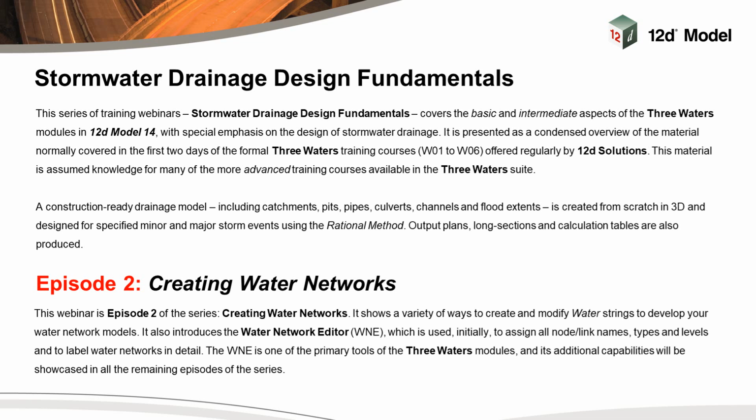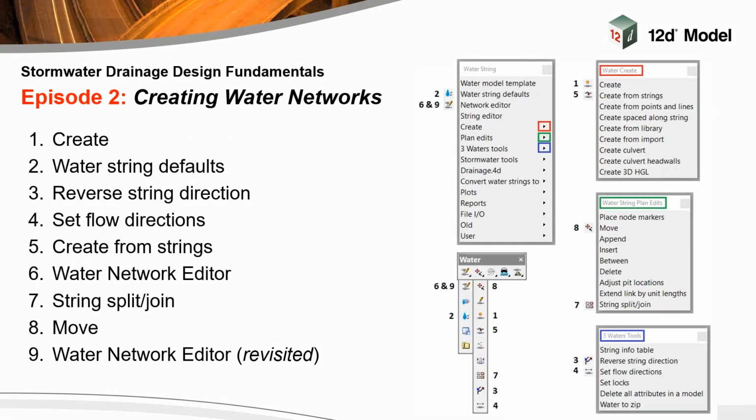But yes, today we're talking about creating water networks, and following on from episode 1 where we set up our project, we're going to just show some of the tools that we have available in the menu and on the toolbar. Not all of them, but just maybe 8 separate tools available from the water string menu and the water toolbar.